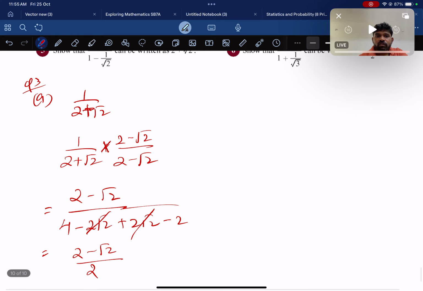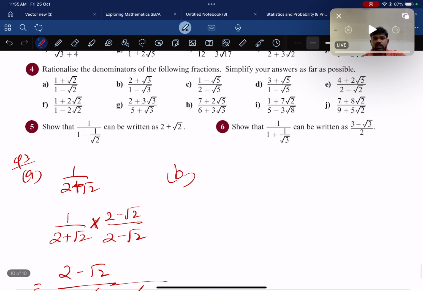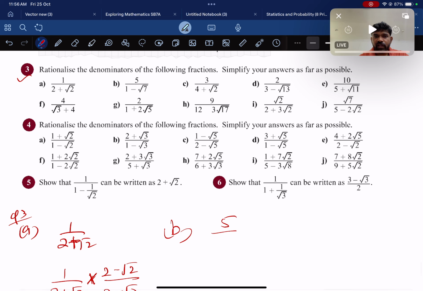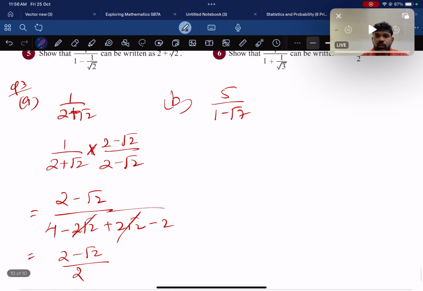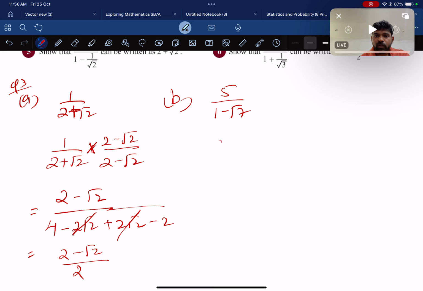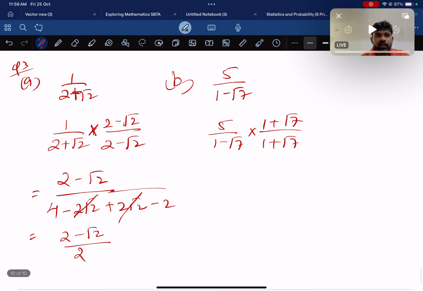Got it? So part B we can also do in the same way, that is 5 divided by 1 minus root 7. So when you multiply by 1 plus root 7 in the numerator and 1 plus root 7 in the denominator, we need to expand the brackets, so it will be 5 plus 5 root 7.